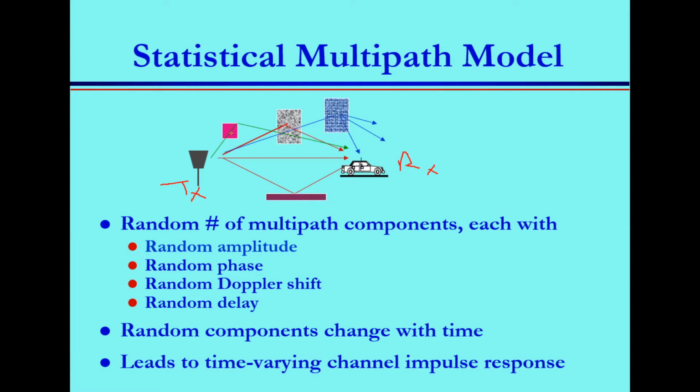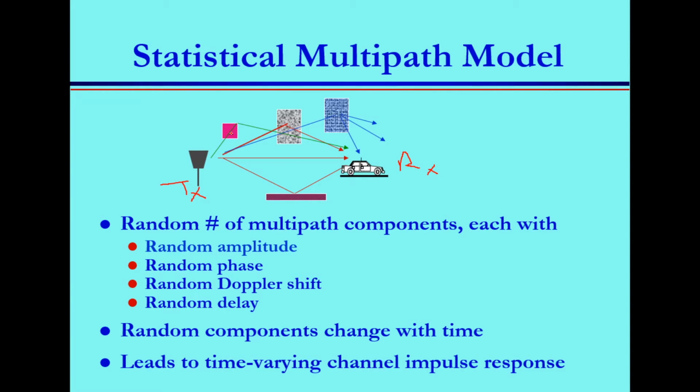You get multiple copies of the same transmitted signal, but these copies are different from each other in the sense they have different random amplitudes, random phases, random Doppler shifts, and random delay. What's the meaning of this? Suppose you transmitted this signal.